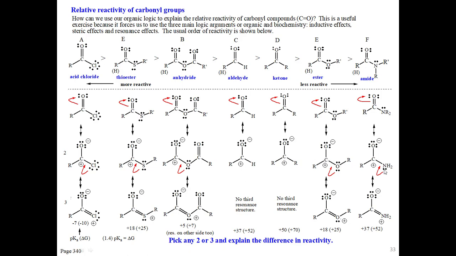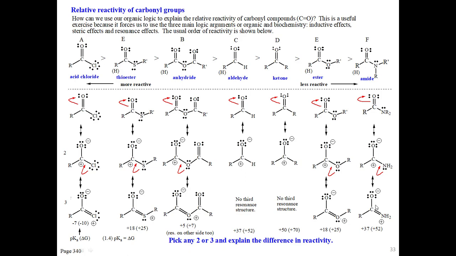Now the situation is almost identical for the amide in that the nitrogen can donate in too. So the difference is nitrogen donating versus oxygen donating. And hopefully it's pretty clear to you that the nitrogen is going to be a lot better at donating these electrons. The better it is, the smaller this positive charge is going to be, and the nitrogen will carry some of that positive charge. And in fact, in biochemistry, they generally teach that this structure right here is about a 40% contributor.